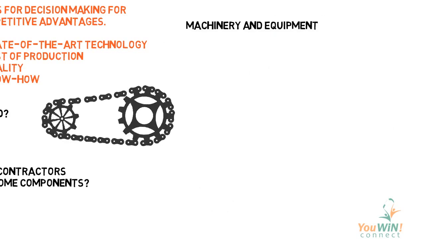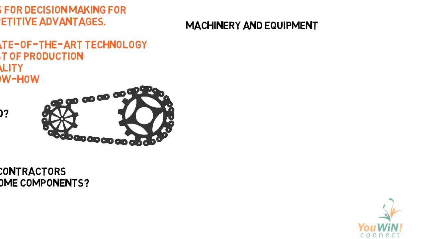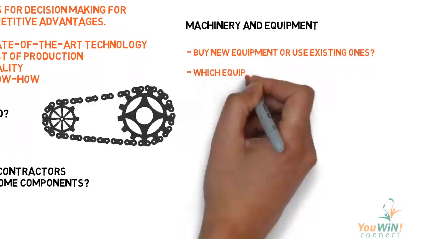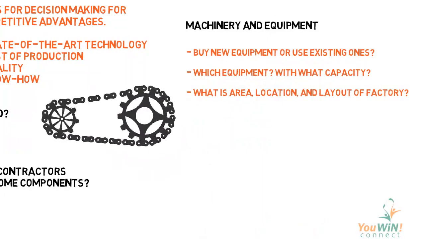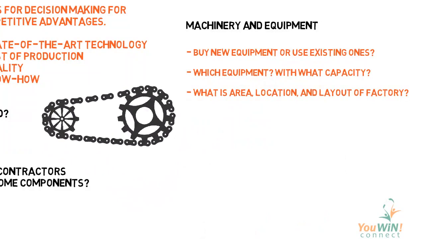Let's take a look at typical decisions that we take for machinery and equipment. One very common decision to take is, do we buy new equipment or do we use existing ones?